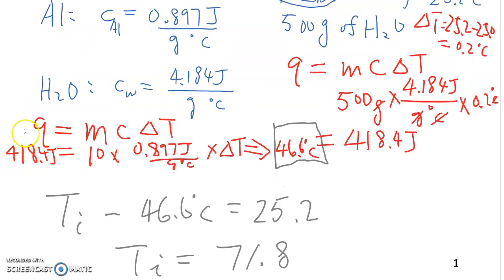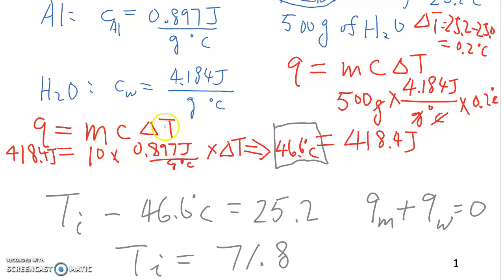We have to be very careful here. Although the heat is always equal, sometimes it depends on how you approach the problem, because we have to remember that the heat of the metal plus the heat of the water altogether will be 0. So if you think that way, then you have to put a negative sign over here.